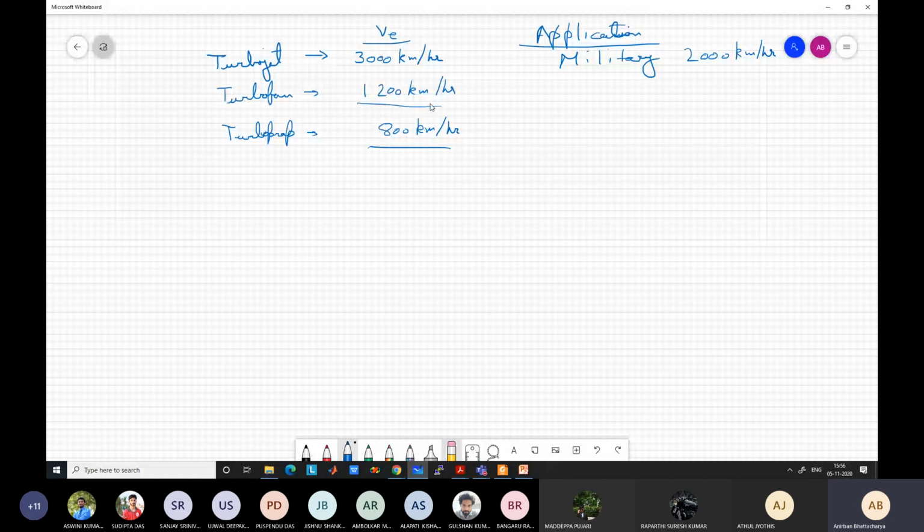And if the exhaust velocity is lower than the aircraft velocity, it cannot generate any thrust. So the only options left are either turbojet or rocket engine.